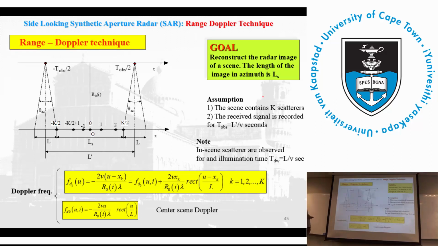Now, the rectangular function, as you can see, has the same length as the other. The difference with what we had before is that this term here was limited by a value, which we call delta, that was smaller than L. But now all these scatterers are illuminated for the same amount of time.